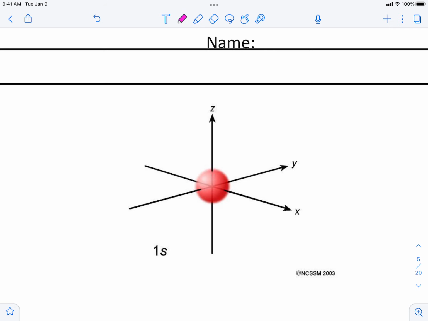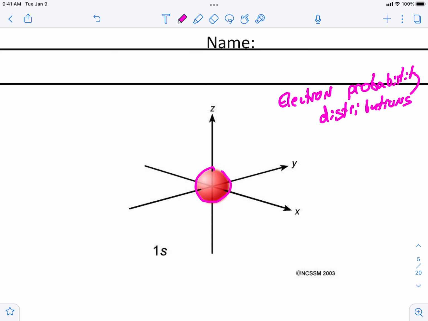These sublevels are actually what are called electron probability distributions. And what that means is in this space here, there's a 90% chance the electron is in here.